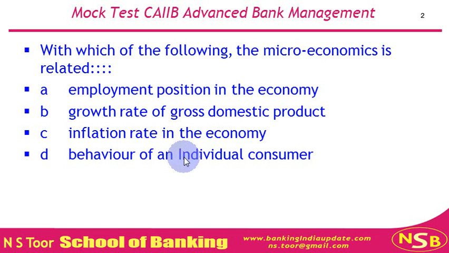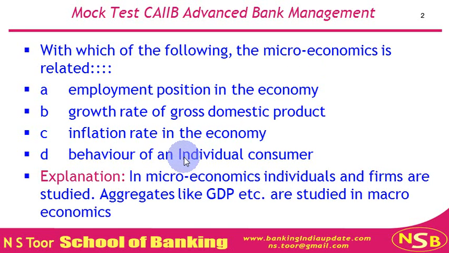Hence, option D will be our answer. So in microeconomics, individuals and firms are studied. Aggregates like GDP and employment are studied in macroeconomics. Hence, our answer shall be D.